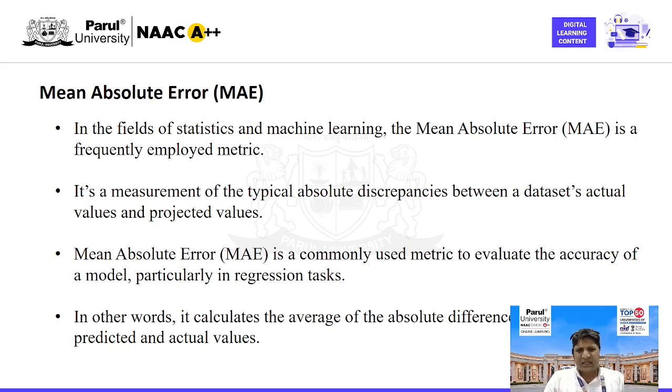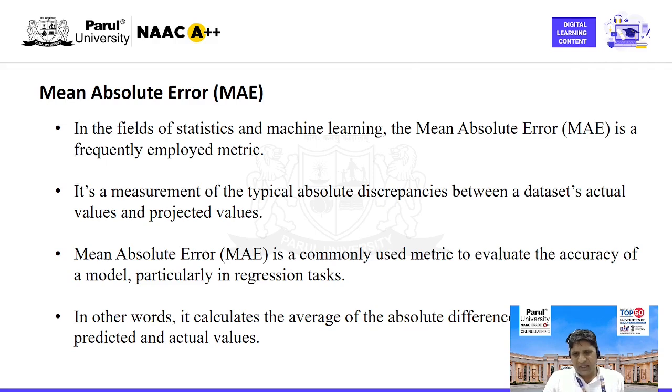Mean absolute error is a commonly used metric to evaluate the accuracy of a model, particularly in regression tasks. If we talk about regression metrics or regression type of data, then it is very useful, very commonly used and very accurate for assessment.